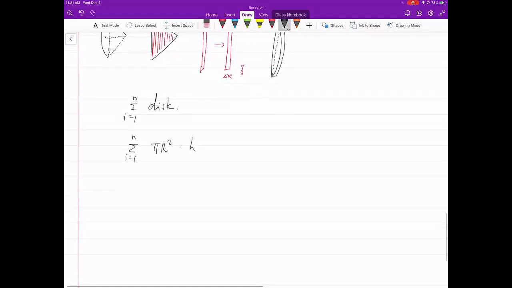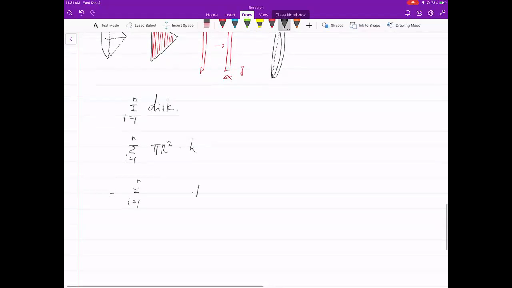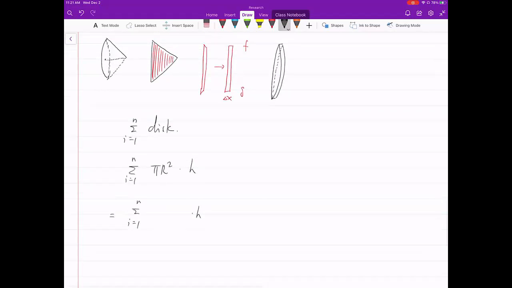Let's go a little bit further. What is h? h is this, it's very thin. But remember, we have a different name for that. Once we cut things like that, we call it delta x, right? That's the rectangle thing, that's our delta x. So instead of h, let's use delta x, and keep pi r squared here.